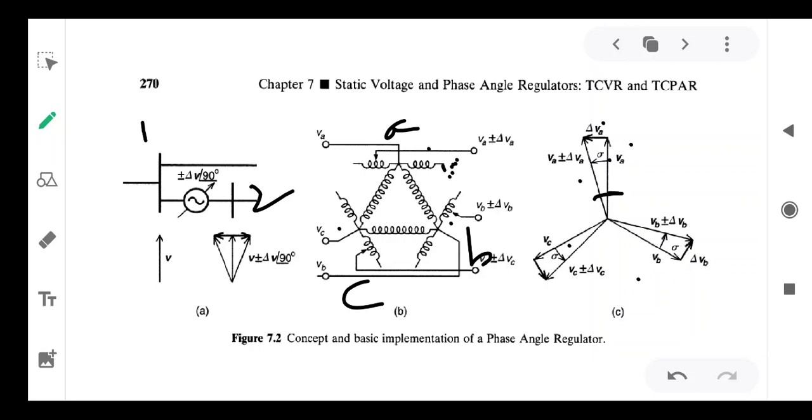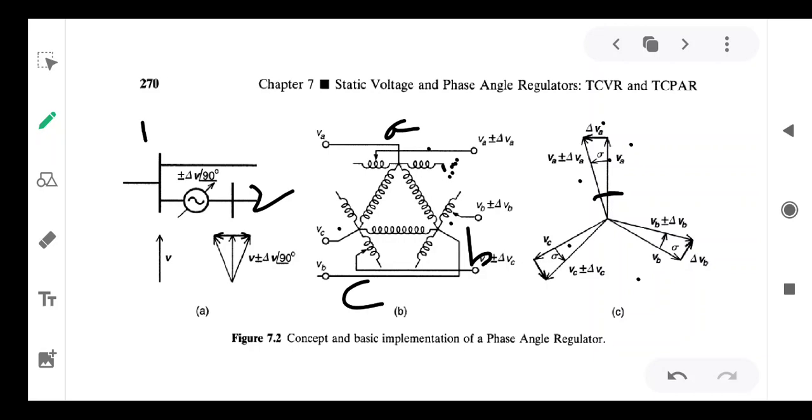Therefore it is also known as quadrature booster, quadrature voltage booster, so that the voltage can be increased from VA to VA plus delta VA, or decreased to VA minus delta VA at 90 degrees, so that the angle can be shifted with sigma. This is called phase angle regulator.